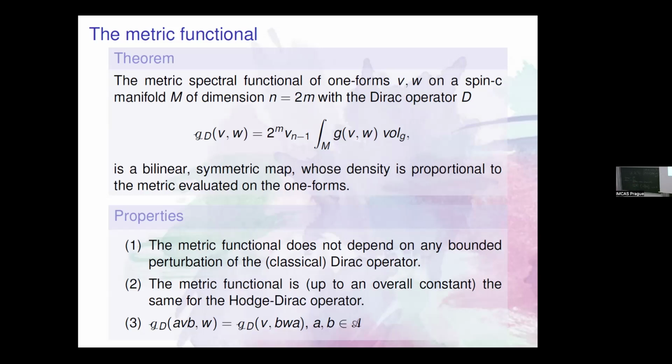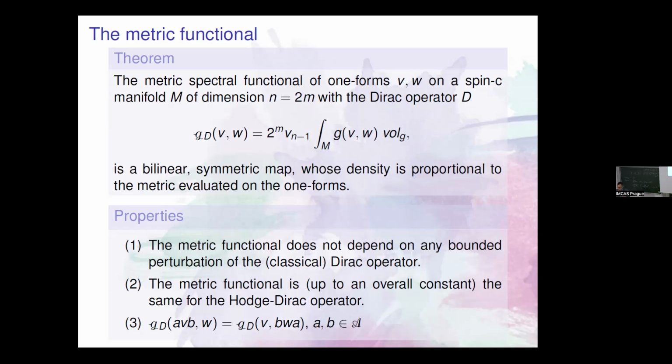And then the result is that for the usual Dirac operator on the manifold, this metric functional is, well, here comes a factor which is just the dimension of the spinor bundle, and the volume of the n-dimensional sphere, which comes from the integral over the sphere, from the Wodzicki residue. And then you have the integral over the manifold of the metric tensor evaluated on the differential forms.